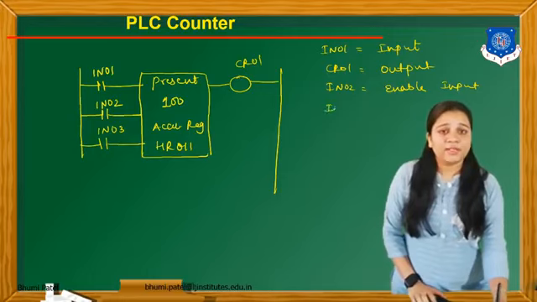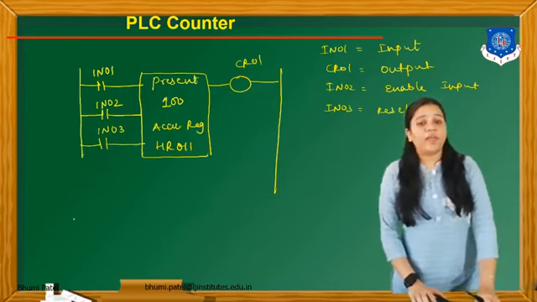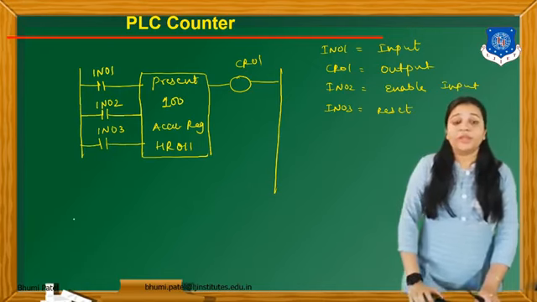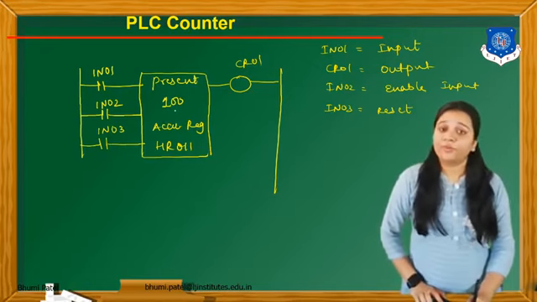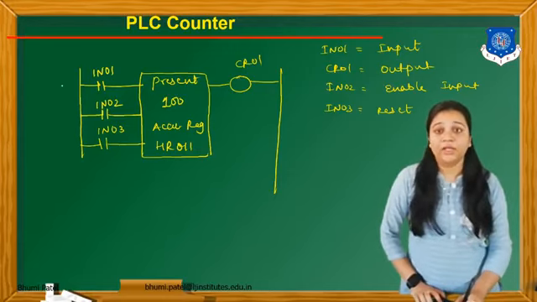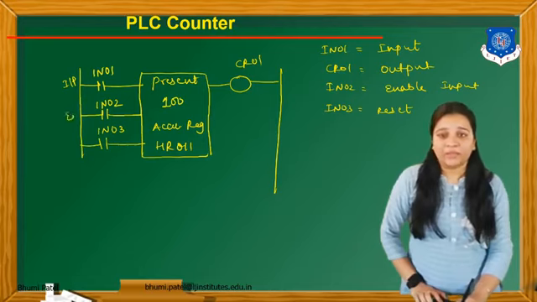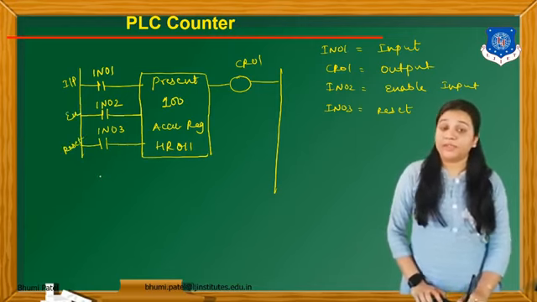IN03 is my reset pin. If any problem arises during the PLC counting program, we can reset the whole program, so we can start again from 0 to 100. So this is my input, this is my enable pin and this is my reset pin. This is the basic block diagram of the PLC counter.